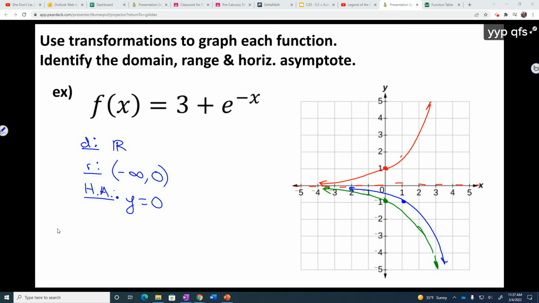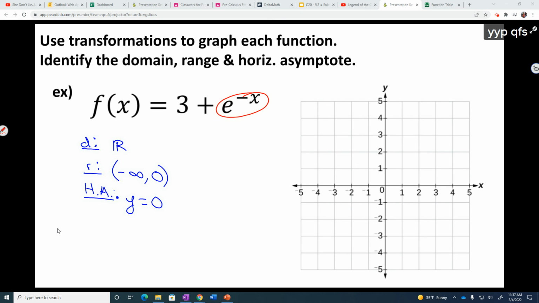Three plus e to the negative x. So the first thing that you want to note is that this is a negative x. So that tells us it's actually going to be decay. It will go down instead, which is the same thing as just reflecting it over the y.